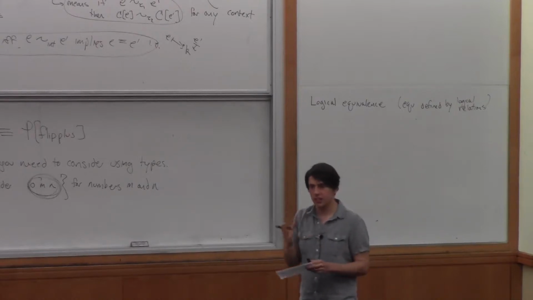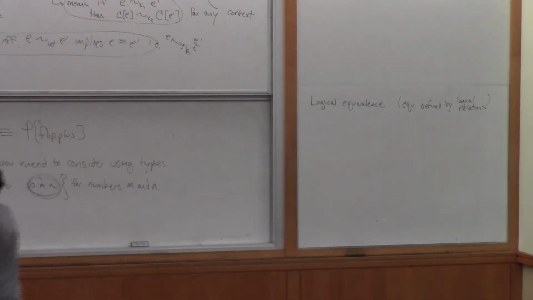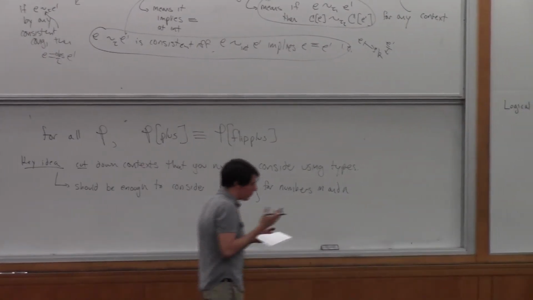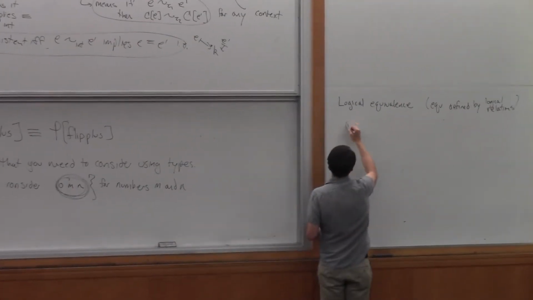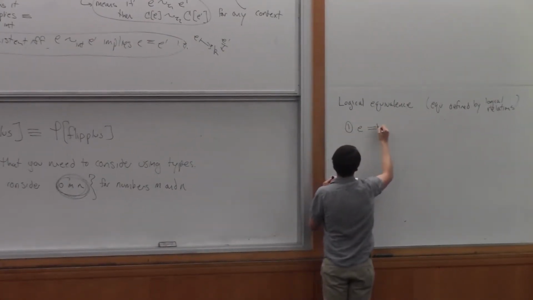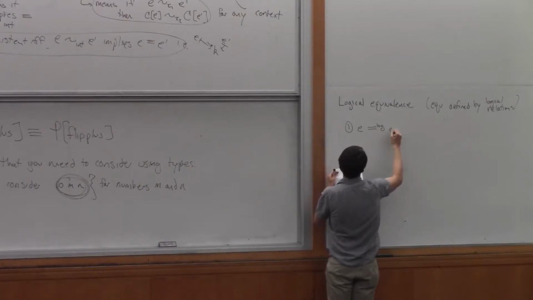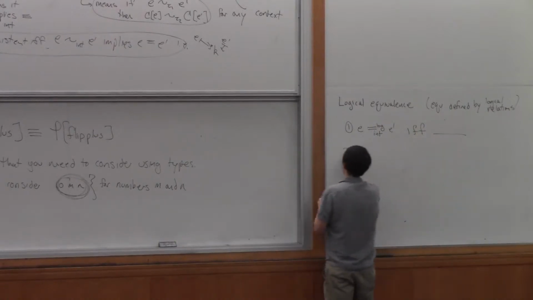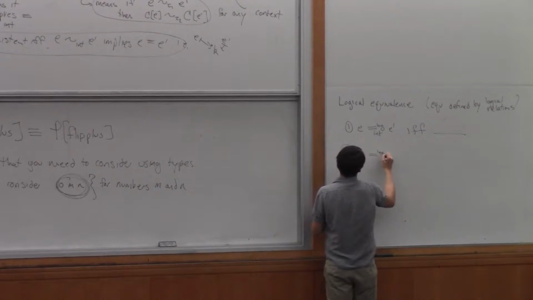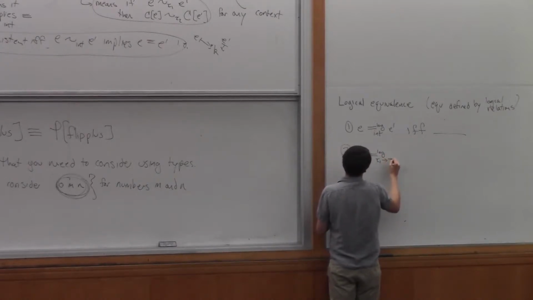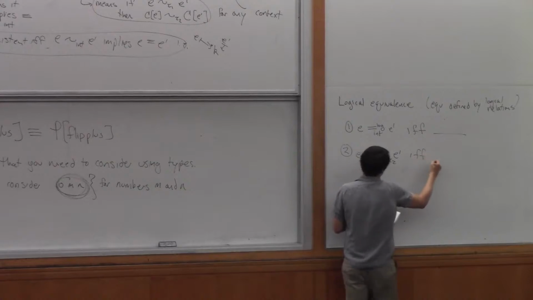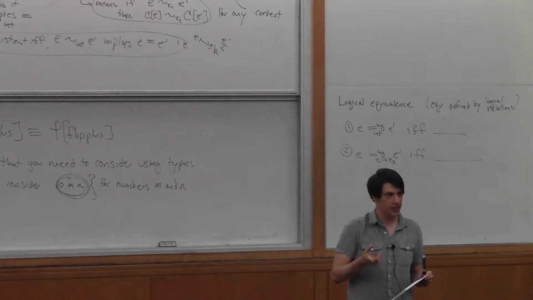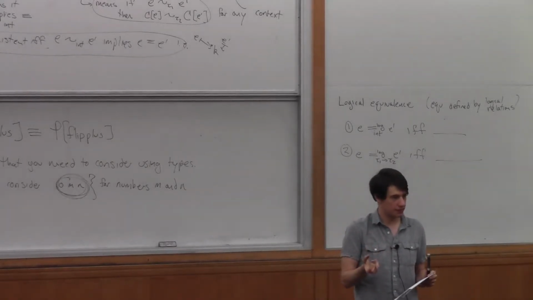We're going to characterize when two programs are equal, not by a universal property like this, but by what type they have. In particular, E is going to be logically equivalent to E prime at type int if and only if something. And E is going to be logically equivalent at type tau1 arrow tau2 to E prime if and only if something else. That is, the definition of when two programs are equal will depend on what type they have.